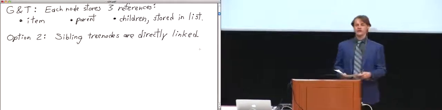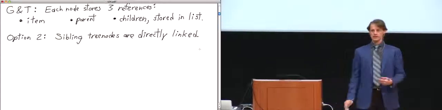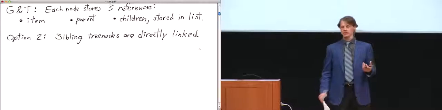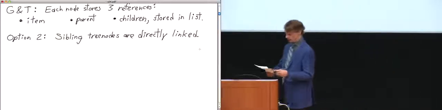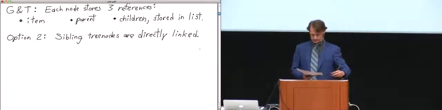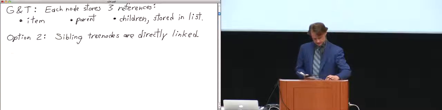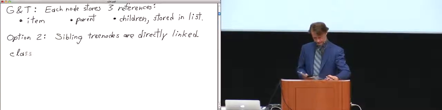I'm going to call this kind of tree a sibtree, and the reason is that the siblings are a key part of the representation. And the nodes I will call sibtree nodes. So I'm going to write a little class for the nodes first.